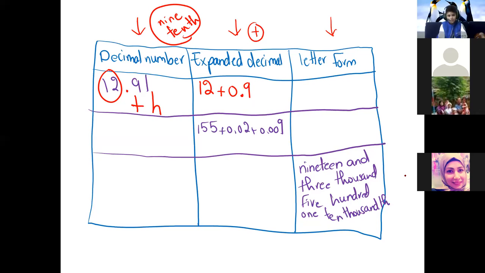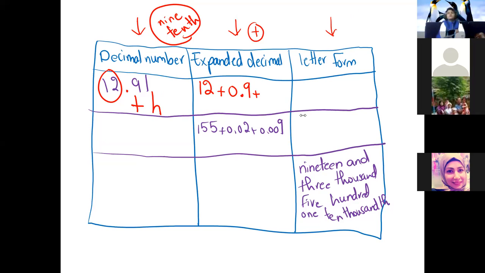So Nabil, 0.9 because 9 is the 10th digit, so it has to be directly after the point. Okay. Then 1 is the 100th digit. This is 0.01. Excellent.